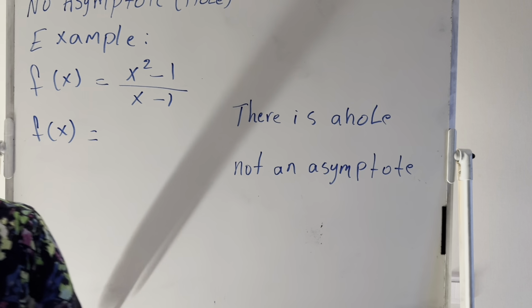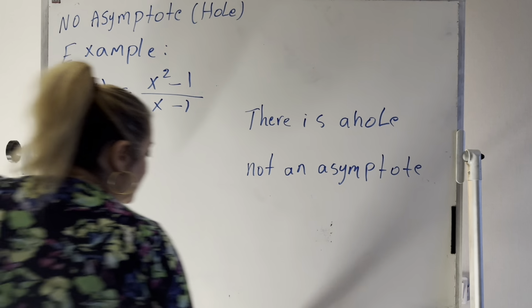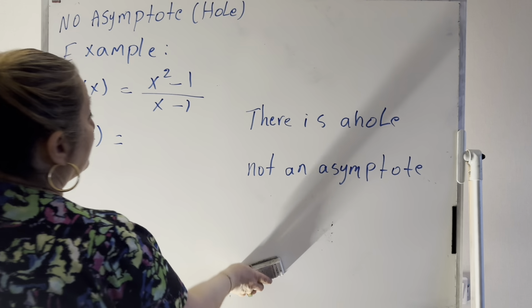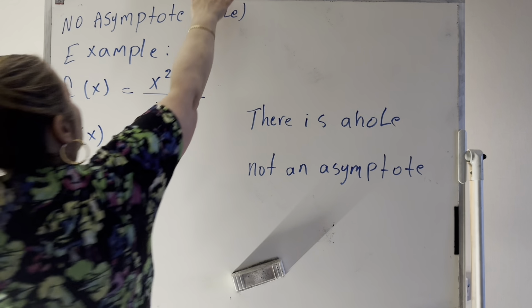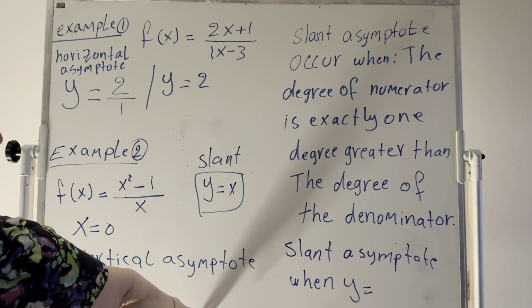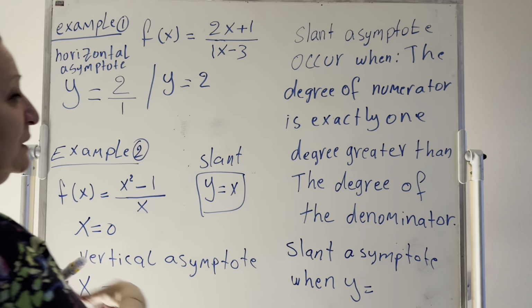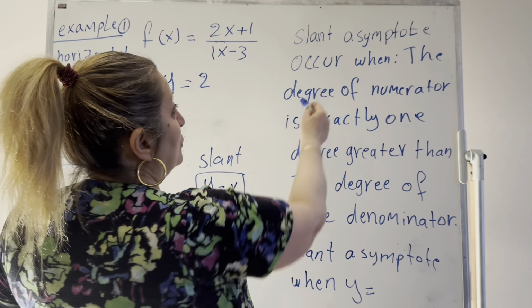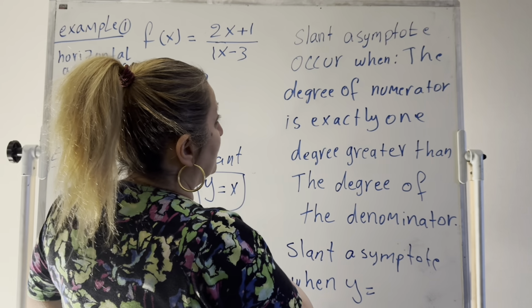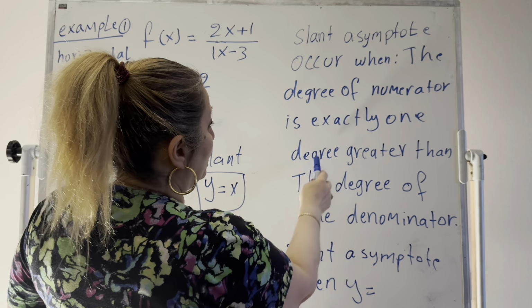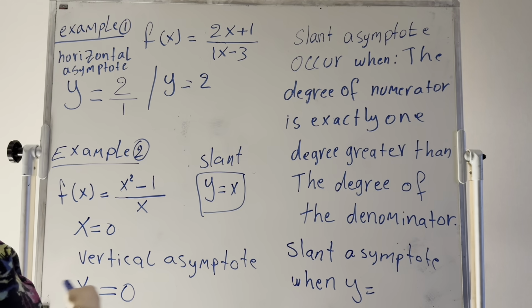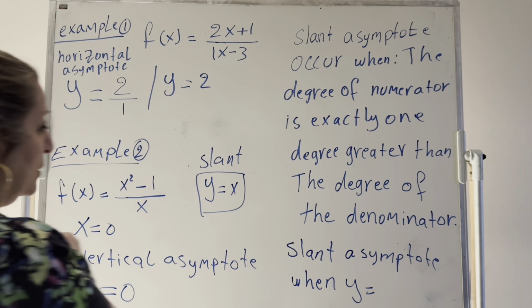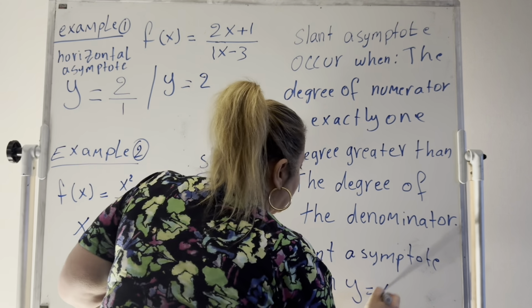No asymptote. We look at this example. I must read this because it's important. A slant asymptote occurs when the degree of the numerator is exactly 1 degree greater than the degree of the denominator. Here the slant asymptote is y equals x.